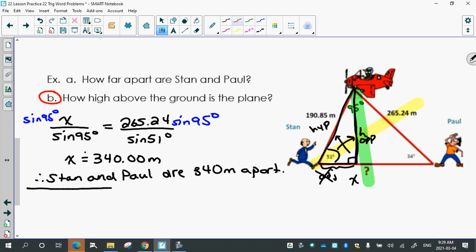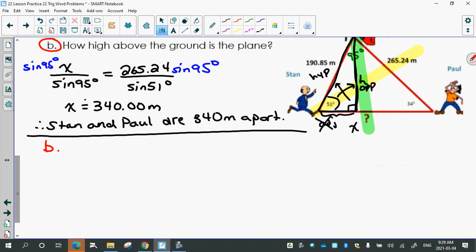Which means for B, if I'm using SOHCAHTOA, which ratio am I going to use? Sine, good. So sine of the angle is the opposite divided by the hypotenuse. So the angle is 51 degrees. The opposite's what we're trying to find, the height of the plane.